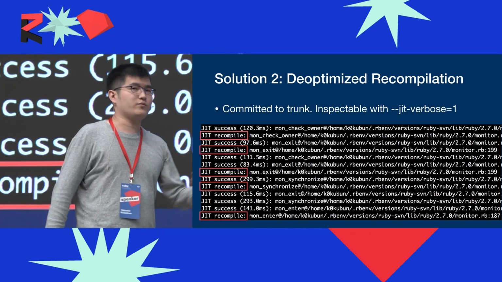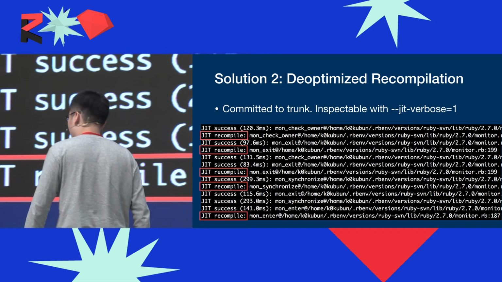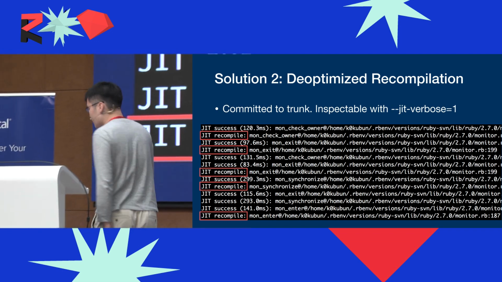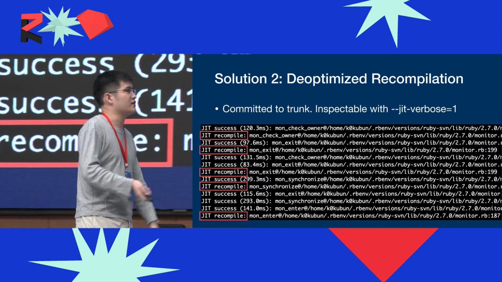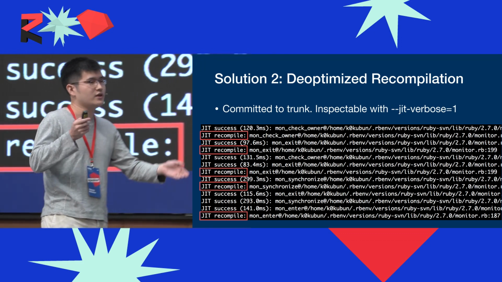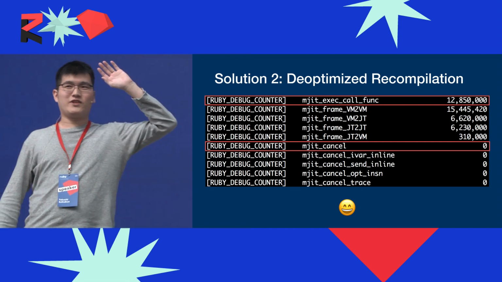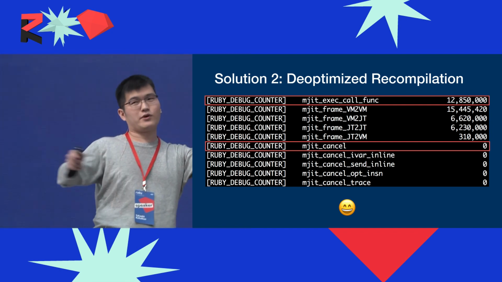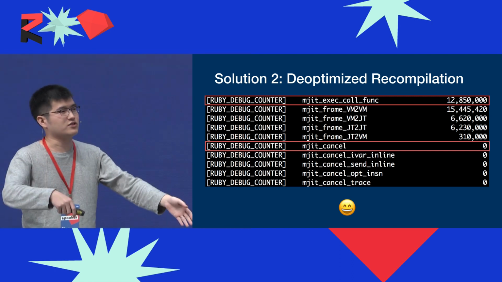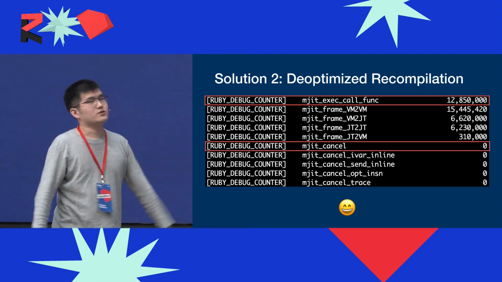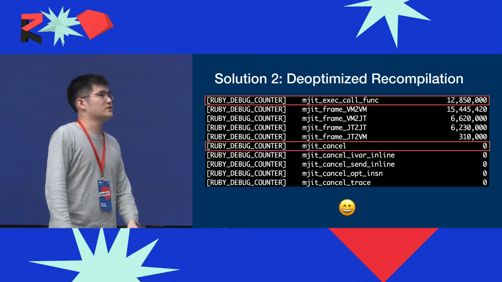When you measure the Rails application performance with the JIT compiler enabled in the Rails benchmarks, you may see this kind of JIT recompile message, indicating that real compilation is happening. After that, the cancellation becomes just 0, and it's always executed in JIT compiled mode. So I believe this helps the Rails application performance in 2.7.